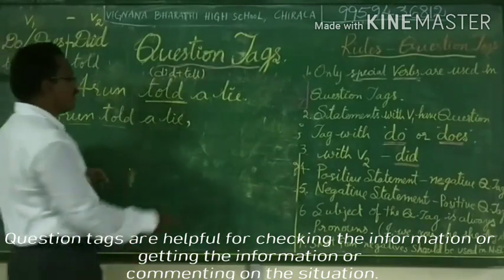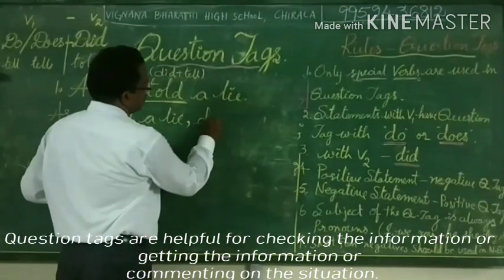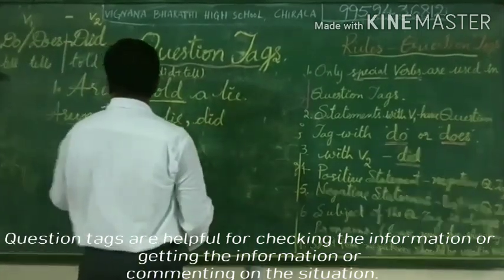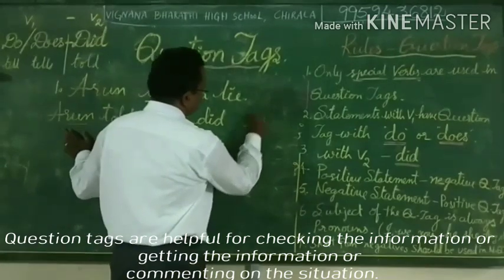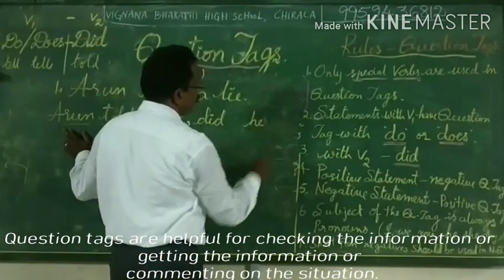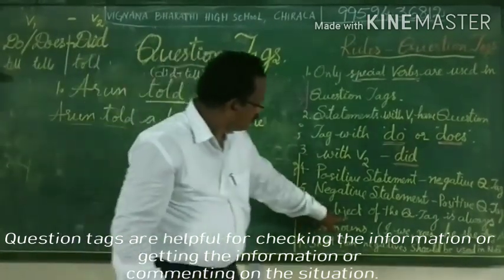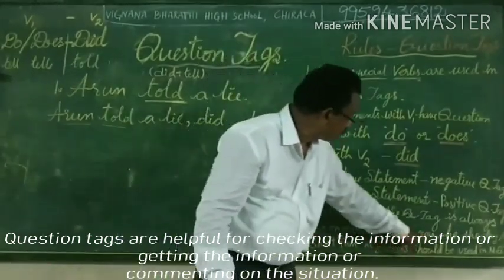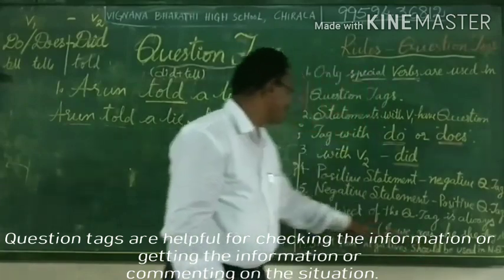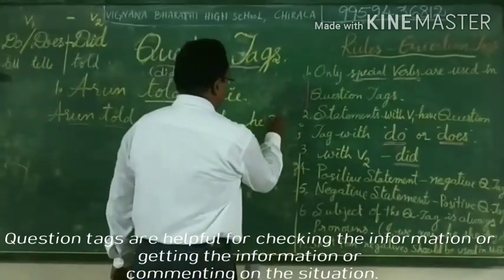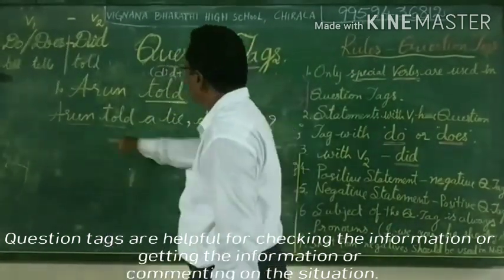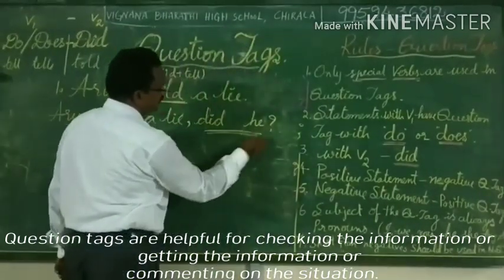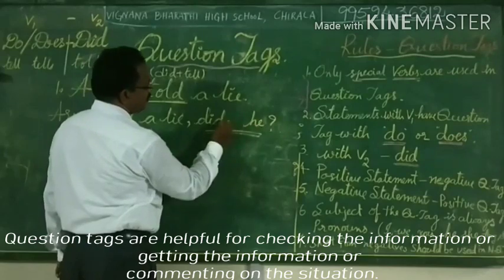Arun told a lie, comma. It is in did form, that is why verb 2, that is why did. Arun is a boy, that is why he. We have to use only pronouns for the subject in the question tag: he, she, they, I, we, and question mark. Now the statement is positive, so what shall we do here? Did he, didn't he.